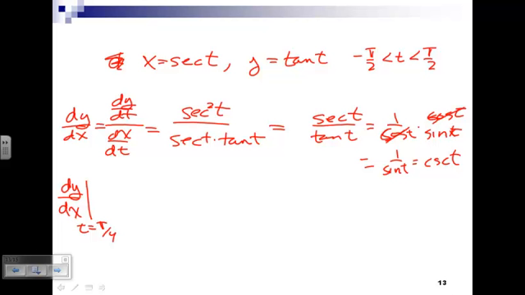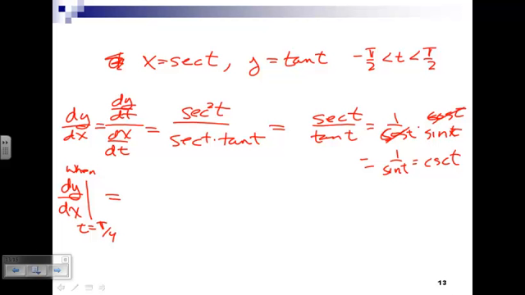dy/dx when t is pi over 4. The derivative of y with respect to x when t equals pi over 4. Let's read that vertical line as "when." Or we could say the slope of the curve when t is equal to pi over 4.